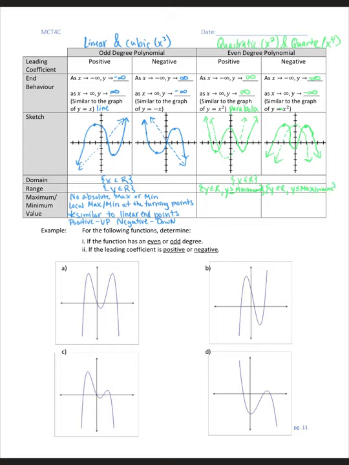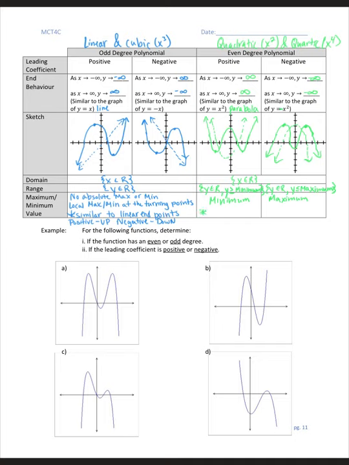All right, so is there a maximum or minimum value? Well, yes, obviously, if we have a positive, it's opening up, we're going to have a minimum. If we have a negative and it's opening down, then we're going to have a maximum. And let's make that point that we did over with our odd degree one.